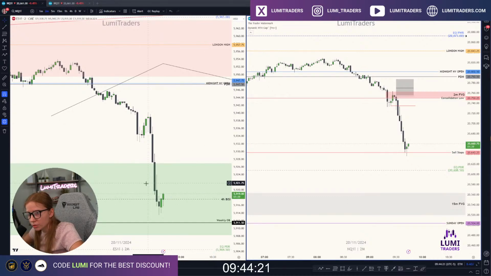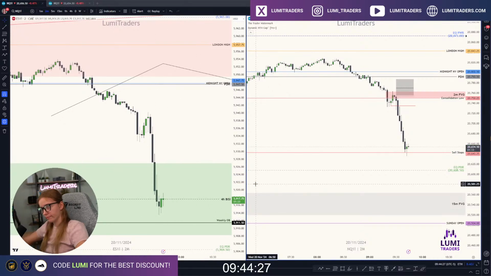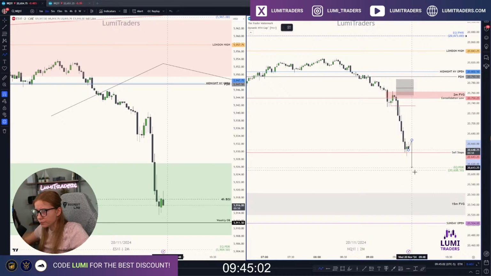Just all I know, if it wants to be reversal on ES, I would like to see potential inside this fair value gap. It should go to the 15-minute fair value gap, right below 4-hour bullish fair value gap. Everything is possible, so don't mind to see something like this.